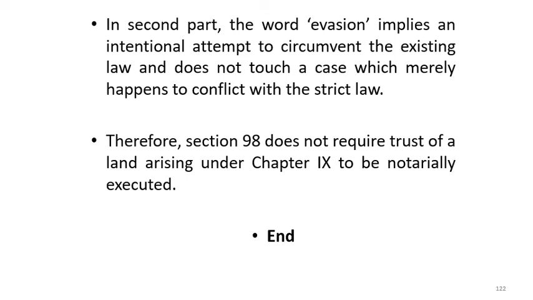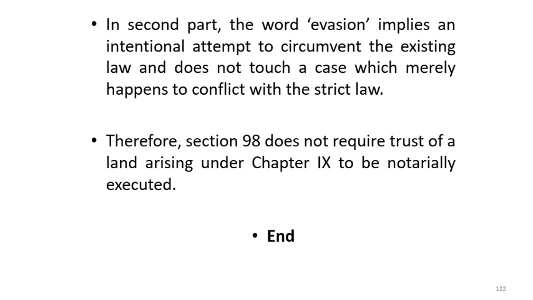Word evasion implies an intentional attempt to circumvent the existing law and does not touch a case which merely happens to conflict with the strict law. Therefore, section 98 does not require trust of a land arising under chapter 9 to be notarially executed.